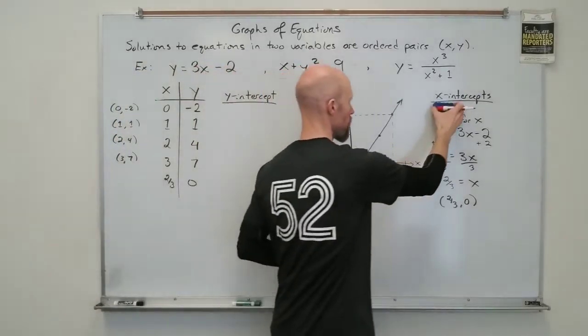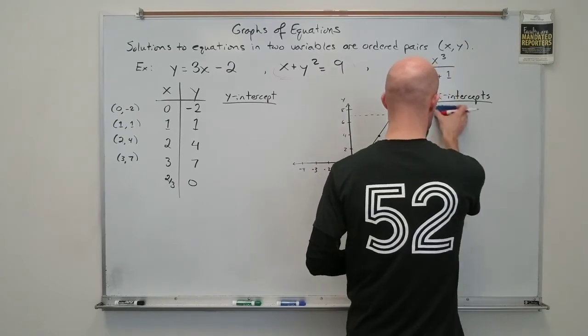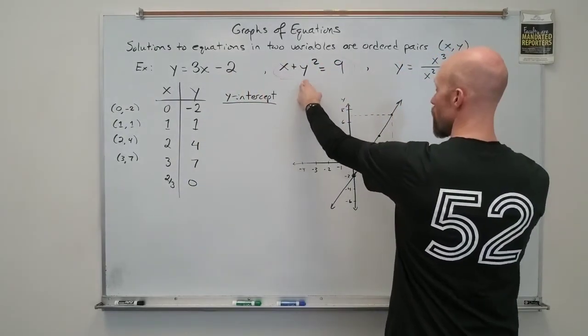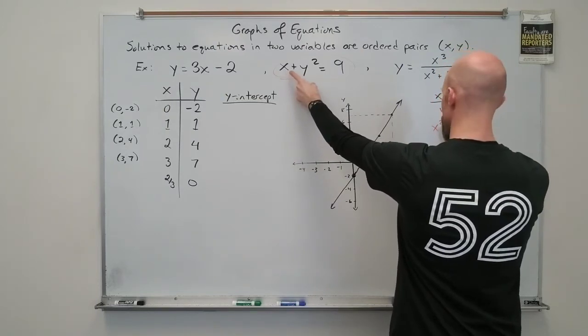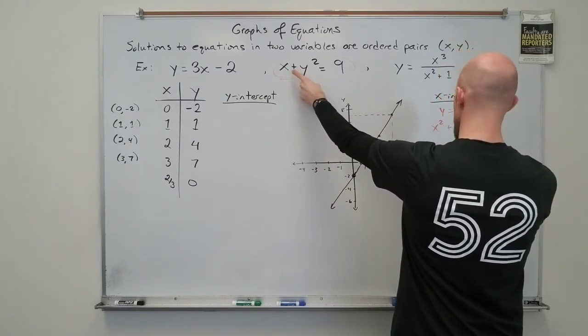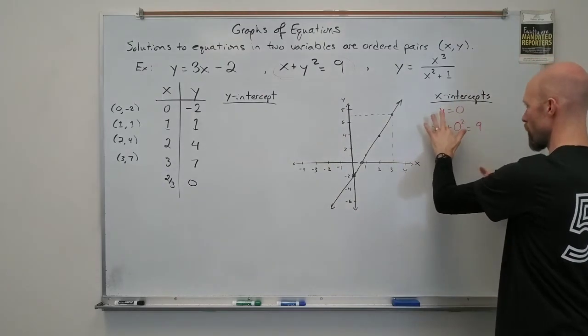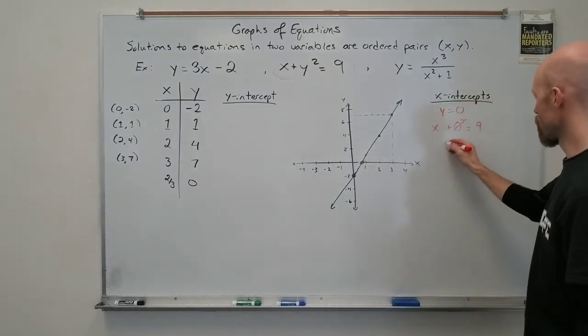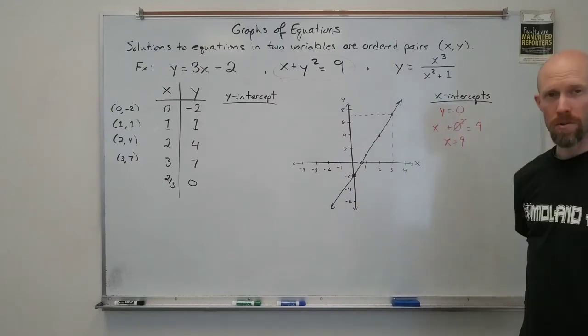I'll just do it underneath the other ones. So if I want to find the x-intercept, I let y equal 0. I end up with x plus 0 squared equals 9. I'm sorry, not x squared, it's just x. 0 squared is 0, which means x equals 9.